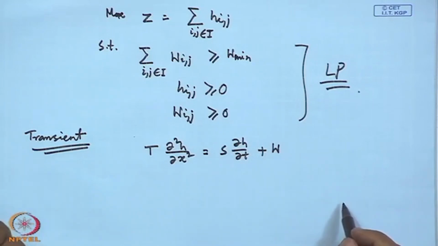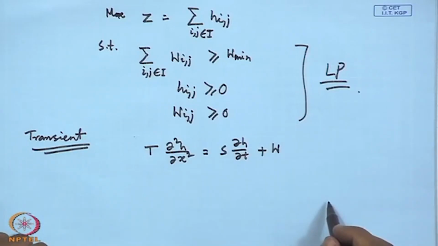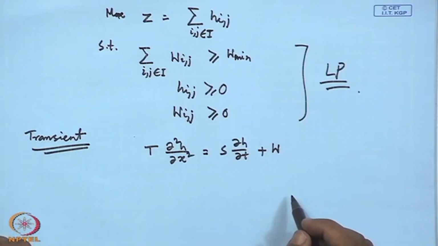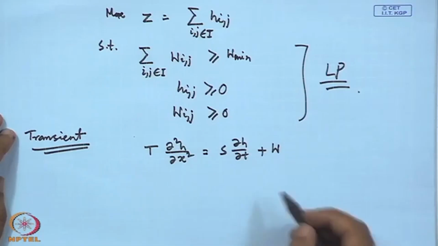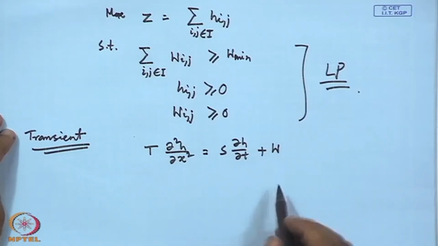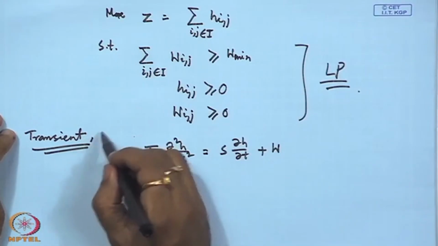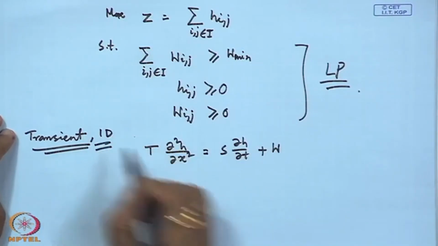So, in this case we can have this del h by del t; this is for the one dimensional case and this is a transient 1D problem.